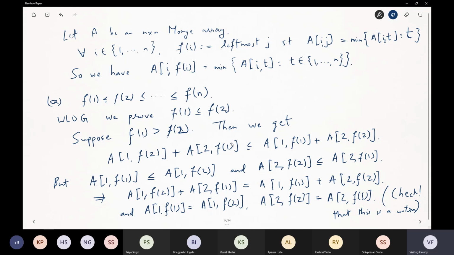Very easy to check, 2 lines, I leave it to you. Therefore this is not true, so f of 1 is in fact less than or equal to f of 2, and similarly you can prove it for the other pairs also. That is the end of the proof.